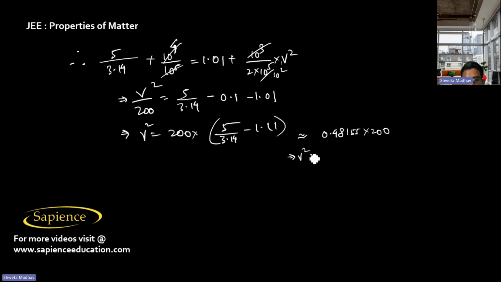So V square is approximately 96.31. Therefore, V is approximately 9.8 meter per second.